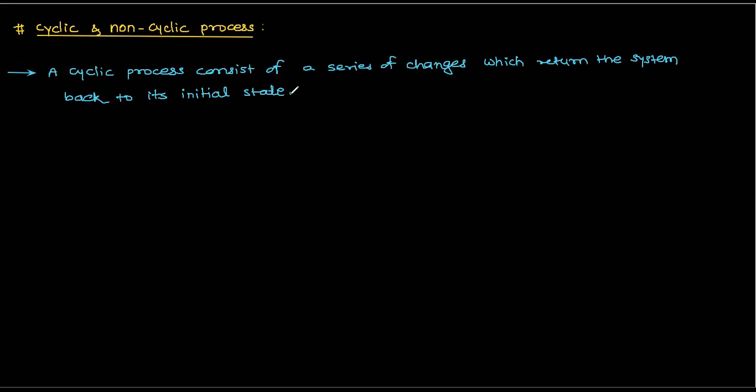Means this is like one complete cycle. Again, same states it will follow. From one state to another state, again from second state to first state, like that. Continuous things are going on happening, right? That is what cyclic process is. Its name itself suggests what the cyclic process will be, right?